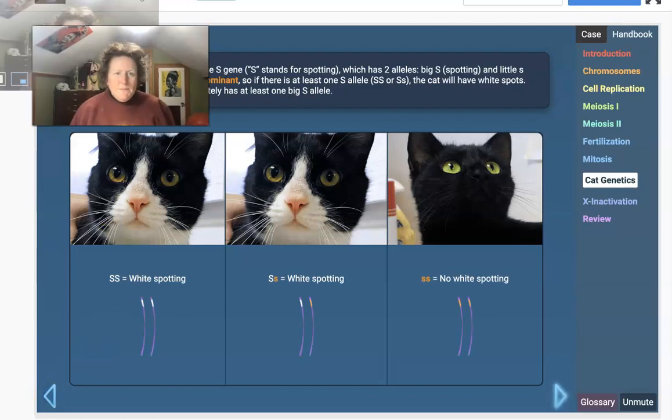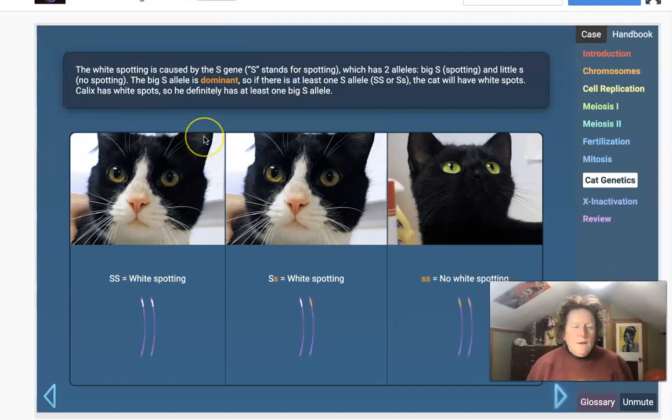The white spots in cats are controlled by one gene, the S gene. If you get two big S's, you have white spotting, plus whatever color you get on your X chromosome. If you have one big and one little, you're heterozygous for the S gene, and you have white spotting plus whatever other color you got on your X chromosome.